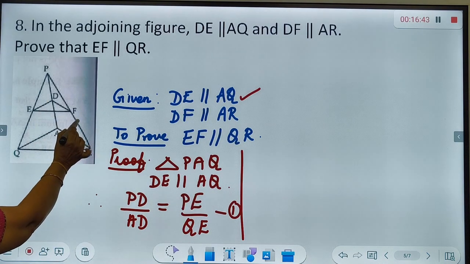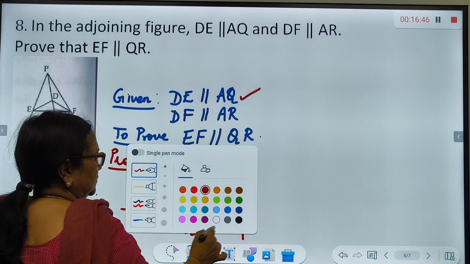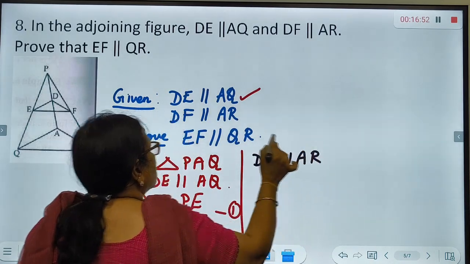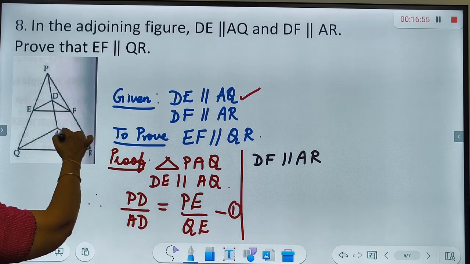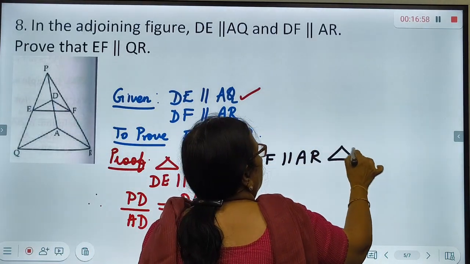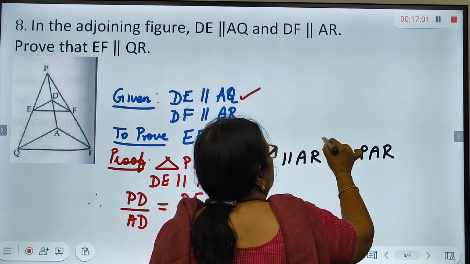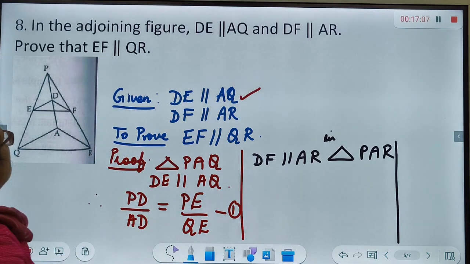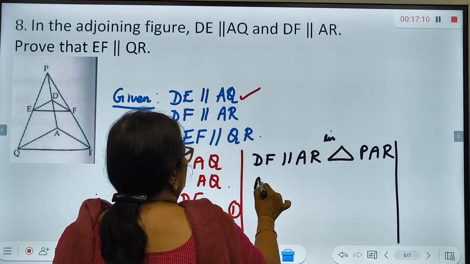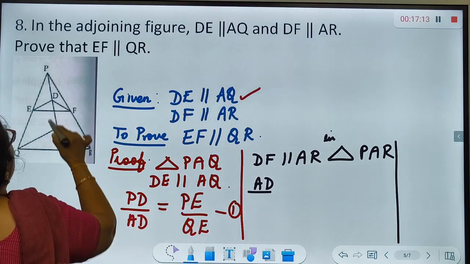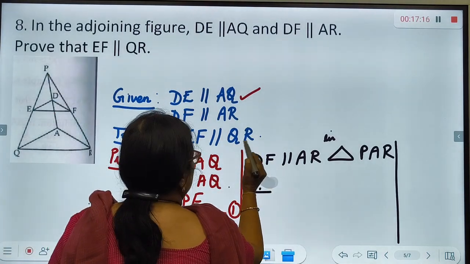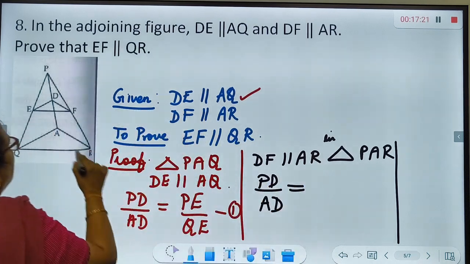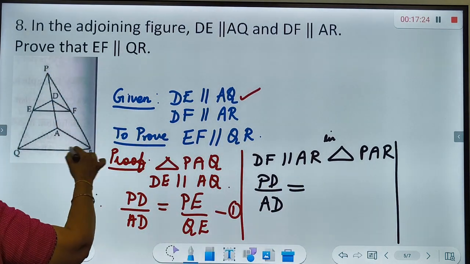Now, DF is parallel to AR. Which triangle should I consider? This triangle, that is PAR. Now DF is parallel to AR, so PD by AD is equal to, in this triangle, PF by FR.